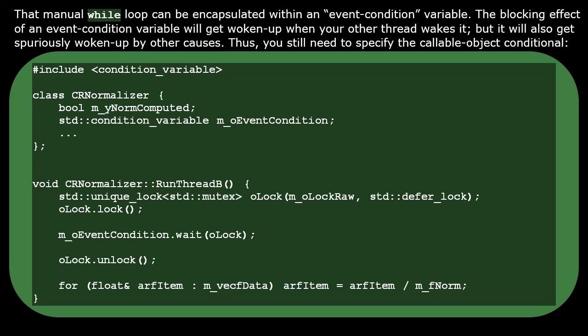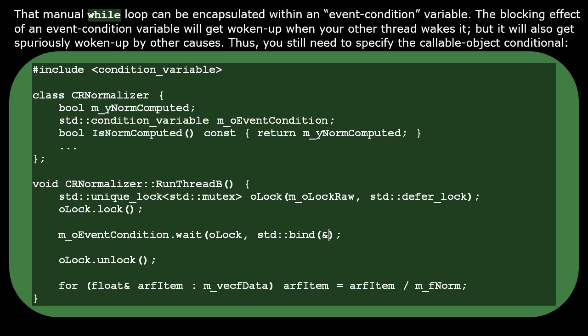Otherwise, the wait function will automatically put you back to sleep and repeat its process. The condition that it tests is something that the programmer must provide, because it depends on the event's Boolean flag which the programmer has defined. Specify that condition as a predicate callable object which you pass to the wait function as a parameter.